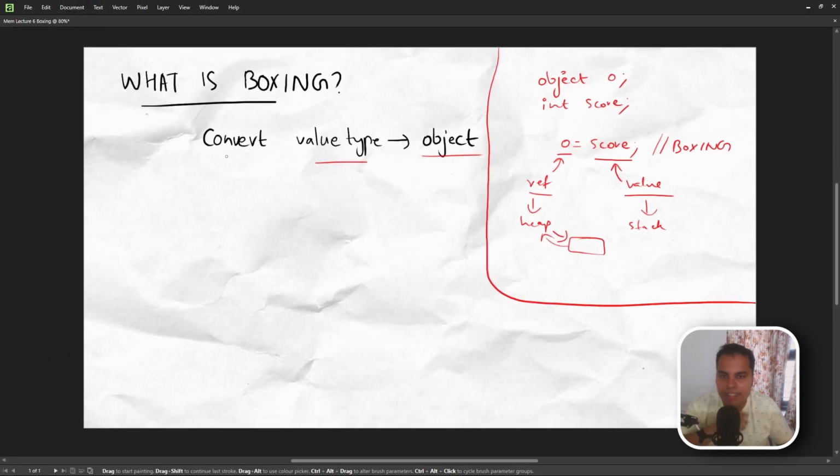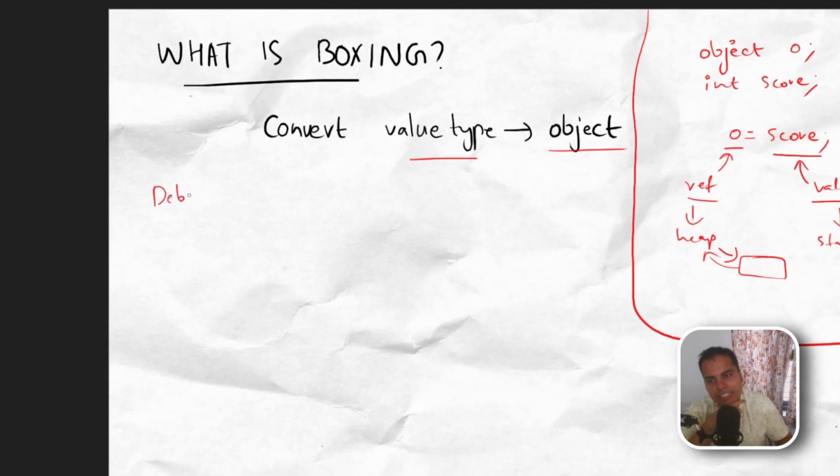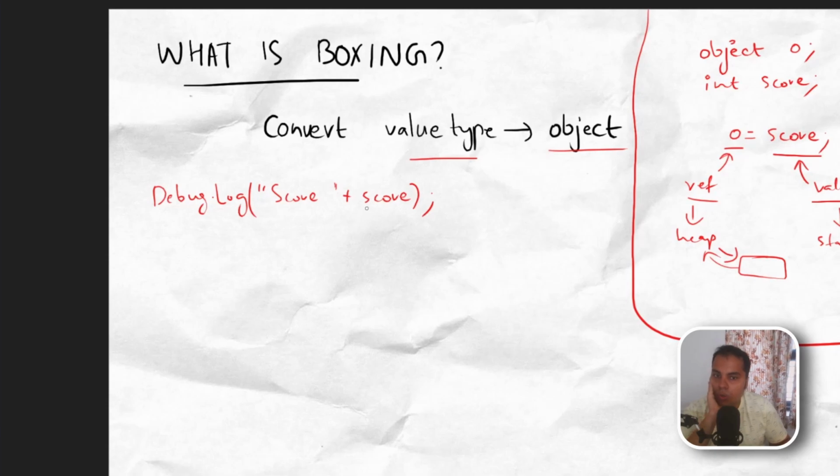Let me give you another example. This is way more common when we write Debug.Log score plus score. Now, score is actually a value type, right? This entire thing is a string. We learned earlier that string is stored in the managed heap.